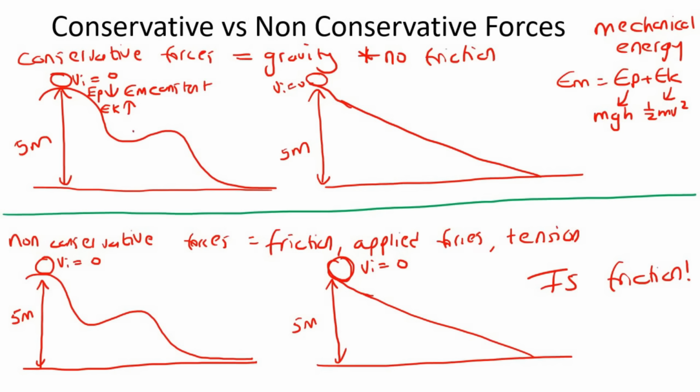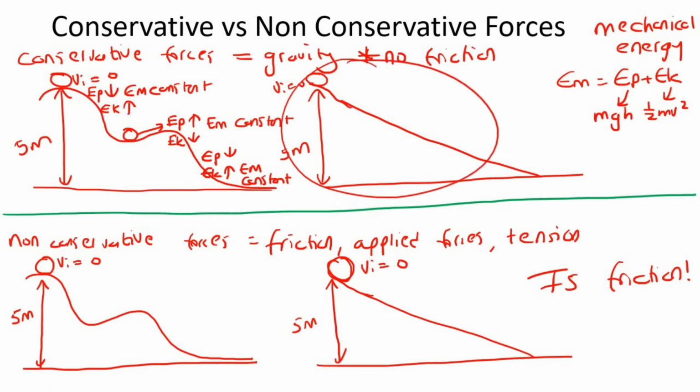Now, as the ball gets to here, it's going to start going up. So what will happen to the potential energy? Well, the potential energy will begin to increase and the kinetic energy will decrease because it's going to slow down. But once again, your mechanical energy will remain constant. Now, as we go down this pathway, your potential energy will decrease and your kinetic energy will increase, but once again, your mechanical energy is constant.